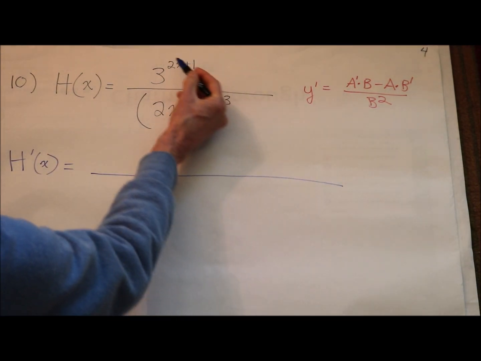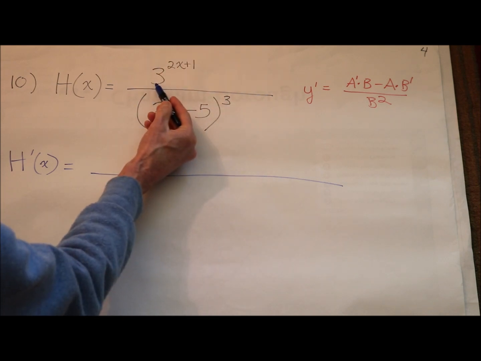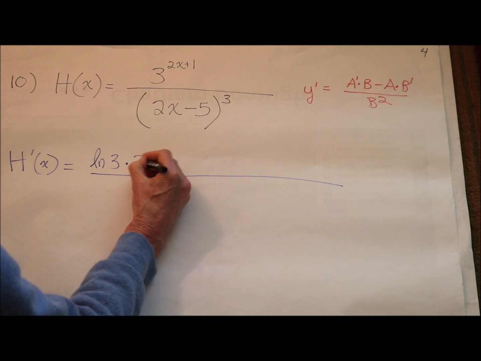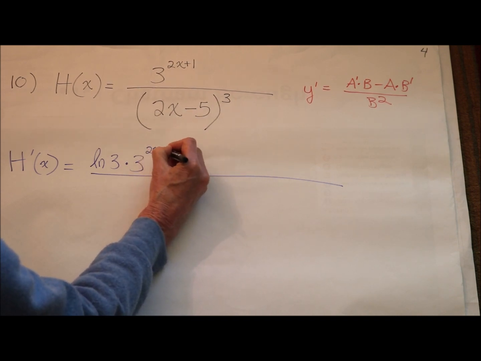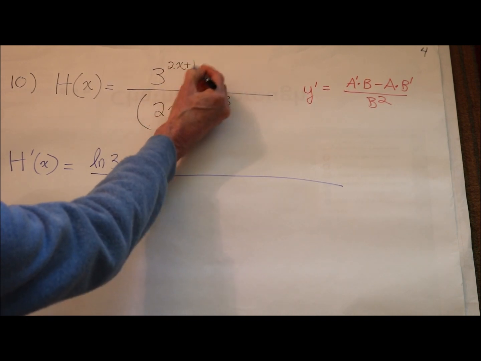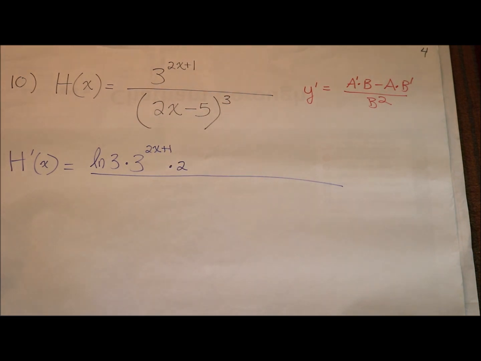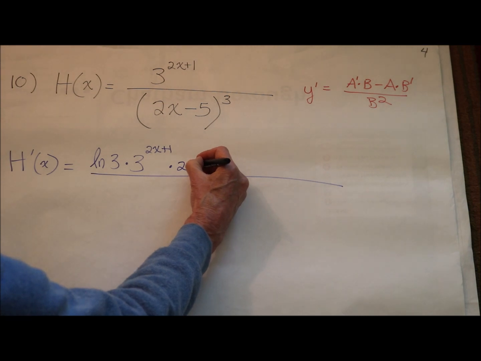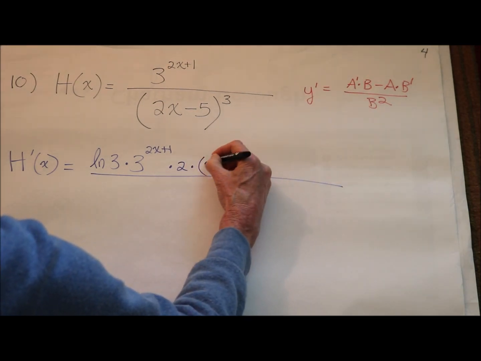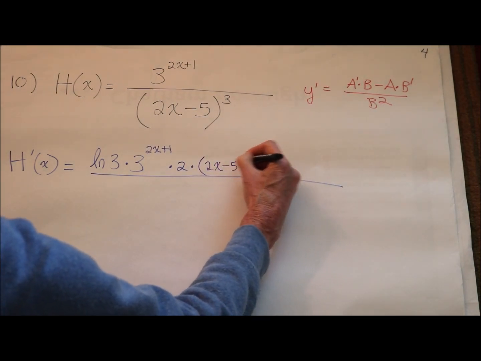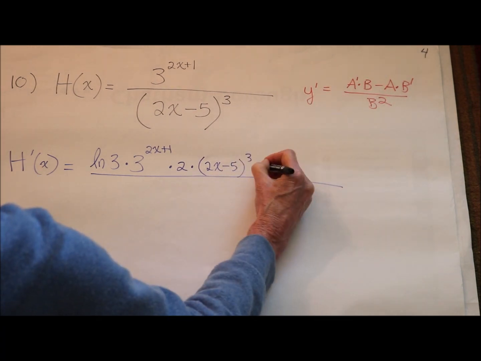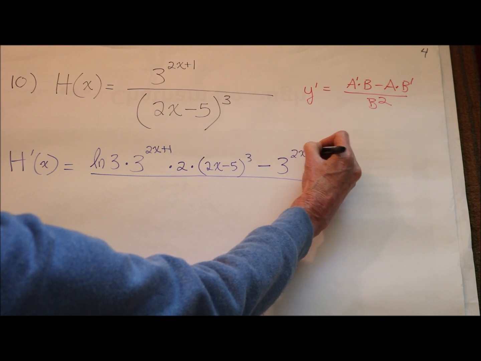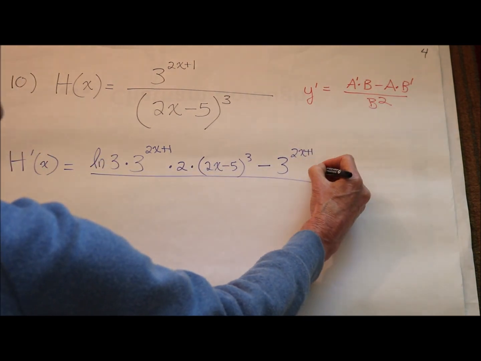So, a prime, the derivative of the top. That's an exponential function, so it's the natural log of the base times the exponential piece as it is, and then the chain rule kicks in, times the derivative of the exponent, which is 2. That's a prime times b, the bottom as it is, minus the top as it is, times the derivative of the bottom.